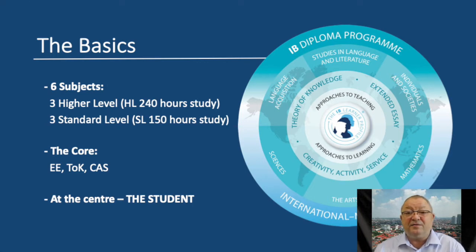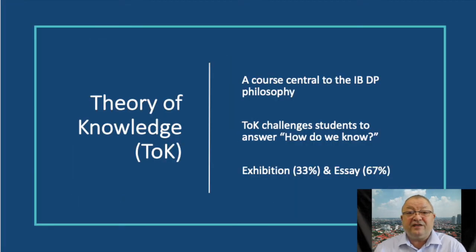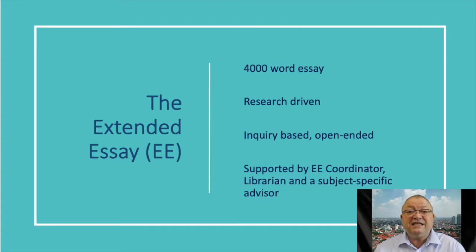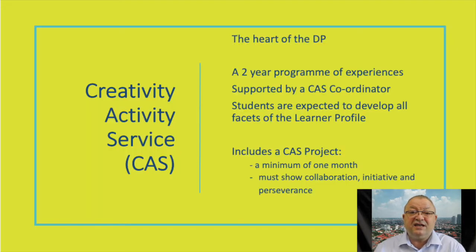The 3 core elements are theory of knowledge, in which students reflect on the nature of knowledge and how we know what we claim to know. The extended essay, which is an independent, self-directed piece of research, finishing with a 4,000-word paper. Creativity, activity and service, in which students complete a project related to those 3 concepts.